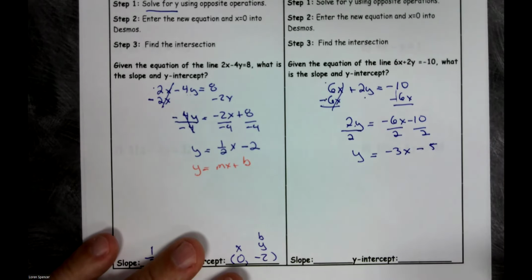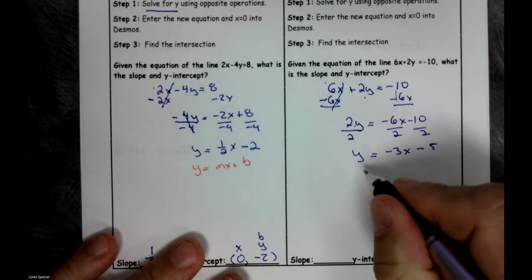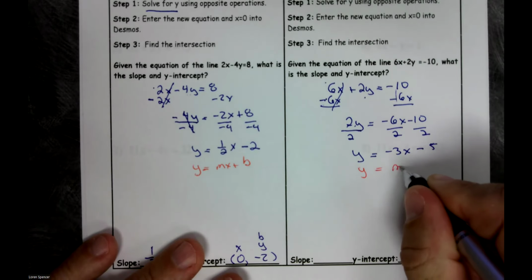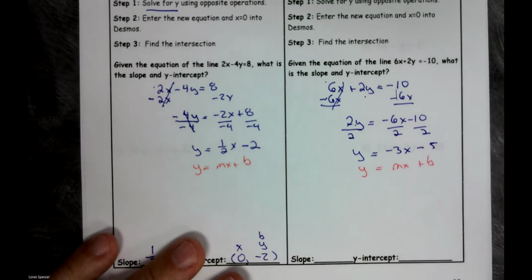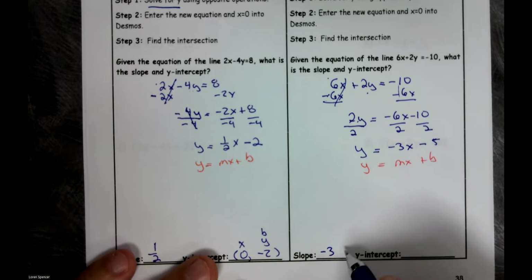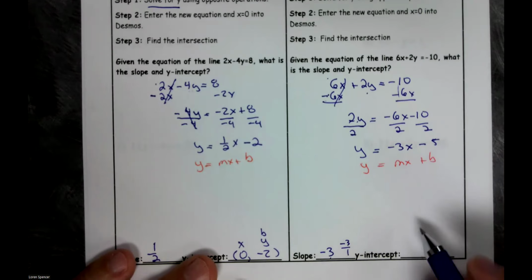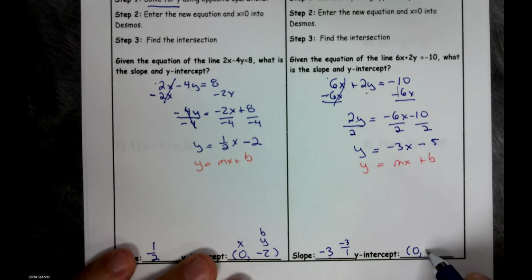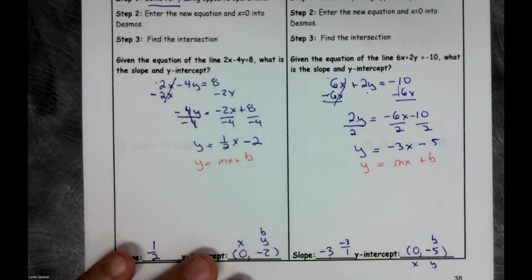Once again, we're in y equals mx plus b format. So that tells me my slope is negative 3. As a fraction, it'd be negative 3 over 1, but negative 3. And my y-intercept is going to be 0, negative 5, where this is my x, this is my y, and please remember that's also my little b.